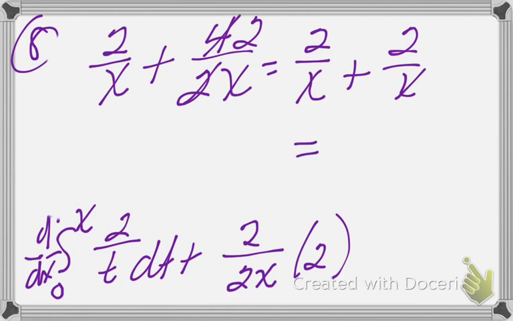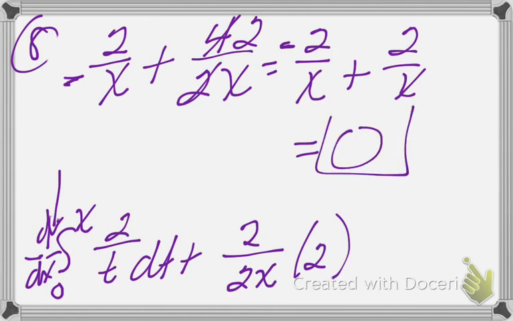And 2 over x plus 2 over x. Oops, messed something up here. This first one, we forgot, there's a negative here because we had to flip it. So it's a negative 2 over x plus a positive 2 over x, so they cancel each other out, and we get 0. And that was the answer, and we're done. Woohoo!